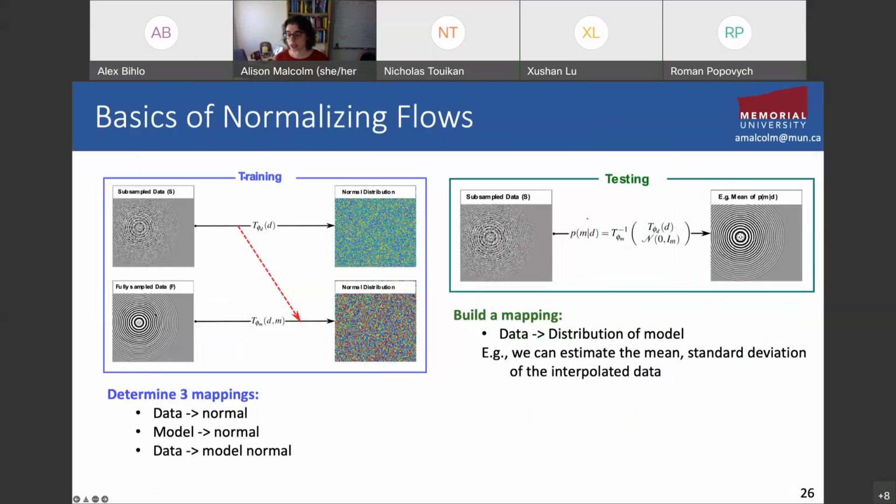Okay, this is a machine learning algorithm, so we need to train it, and we train it on subsampled and fully sampled data pairs. We take our fully sampled data and we map it to a normal distribution as well. Then we have a third flow that goes between, and I'll explain where this one comes from.